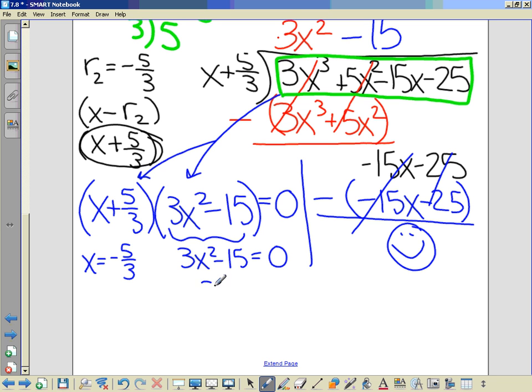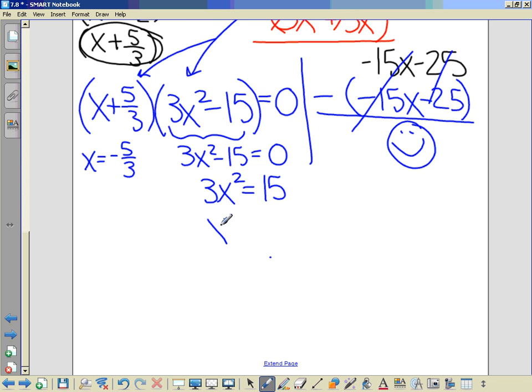We're going to add 15 to both sides. We're going to divide both sides by 3. We're going to square root both sides. Plus or minus root 5. That's going to give me the other two solutions to this equation.